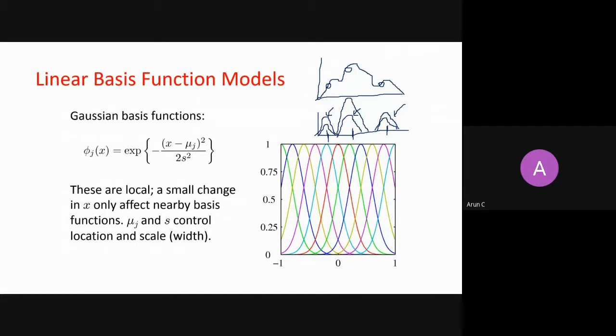But the good advantage is that each Gaussian basis function is local in the sense of affecting the fit. So if you multiply this with some huge value, even infinity, what will happen? This is the effective range of this basis function, and it will shoot up to infinity here, and it will come back within the given range.